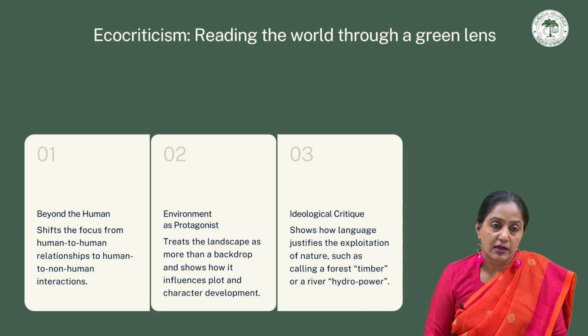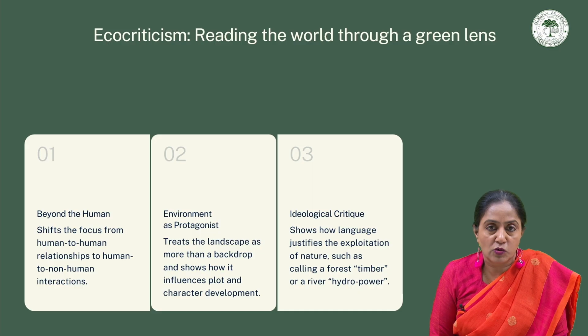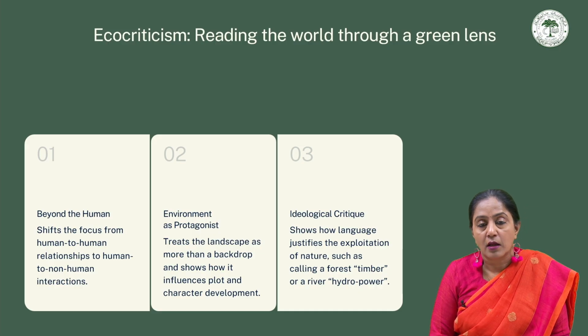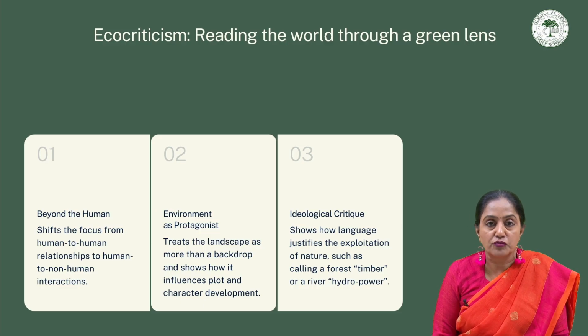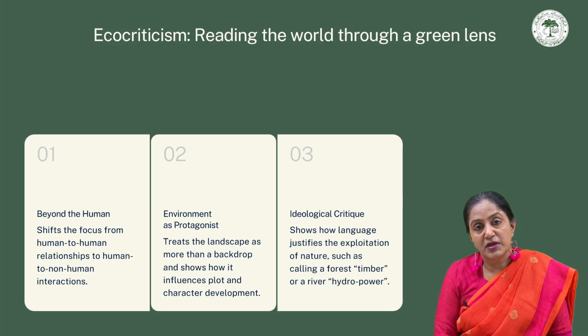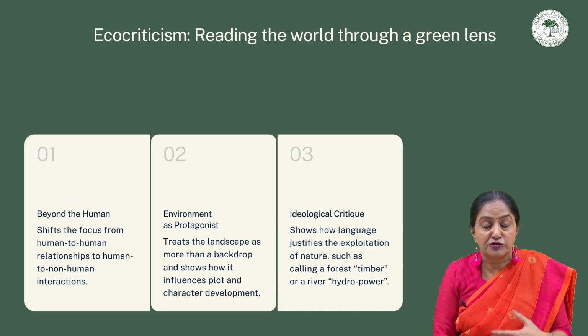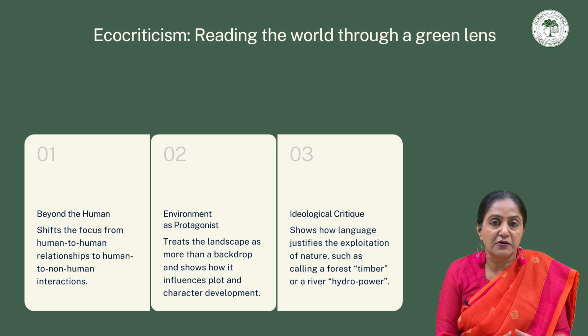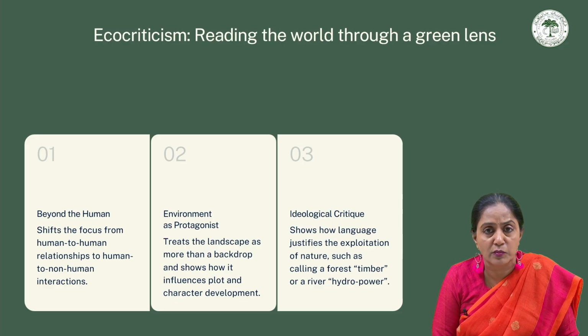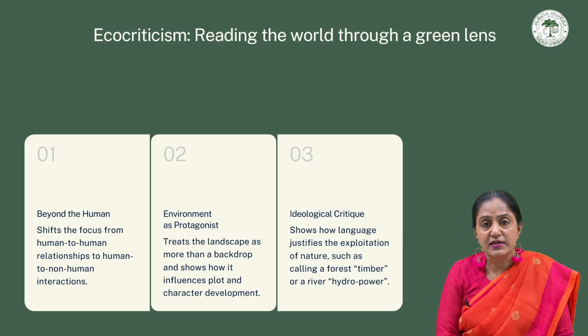Because on a surface level, we have read so many poems and so many texts in literature where the description of a character's state of mind is depicted through nature, the imagery of nature, the actual symbols of nature, the words related to nature and environment. This kind of thing has always existed, and this has also been underlined as an important style of creating literature.